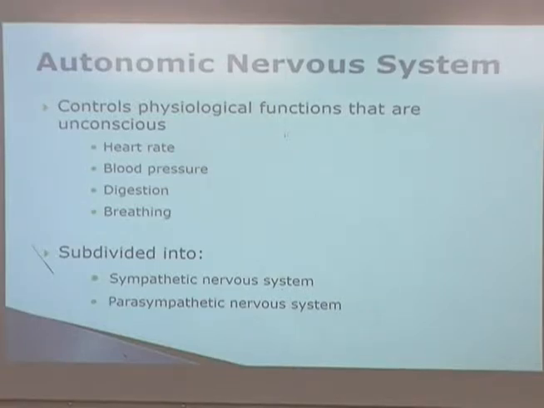Okay, so my heart rate. You don't spend a lot of time thinking about making your heart beat. It just happens, right? It happens because your brain tells it to happen, and your brain and your central nervous system keep it under control.